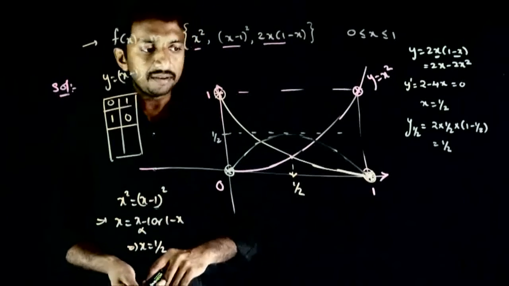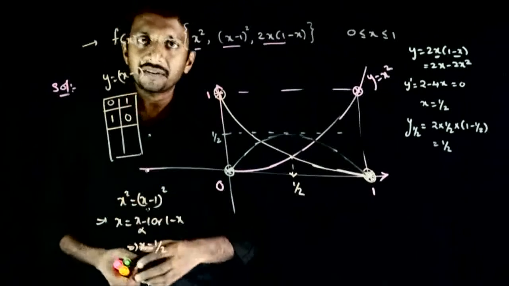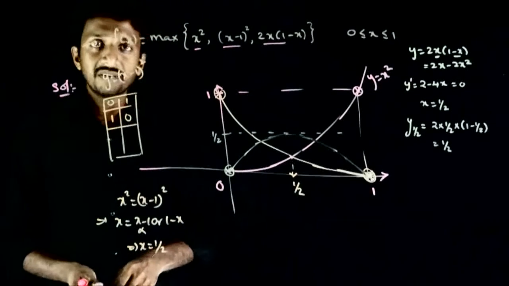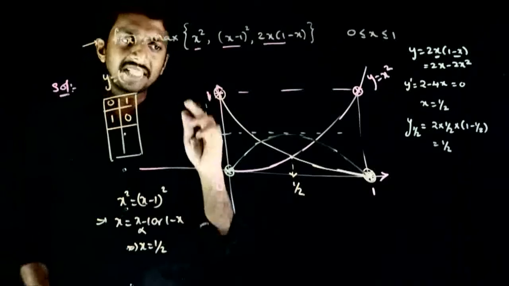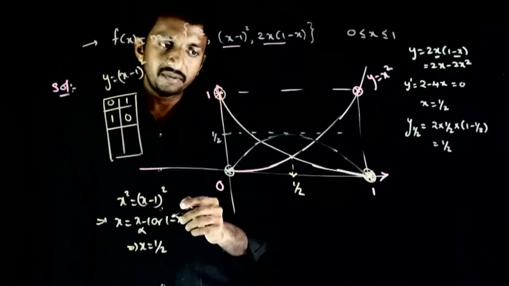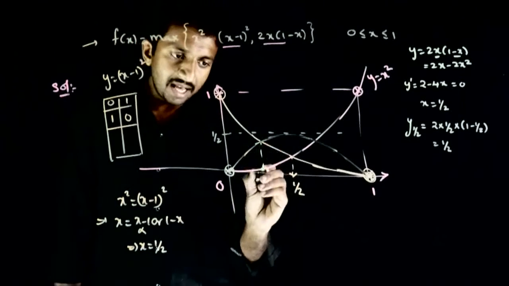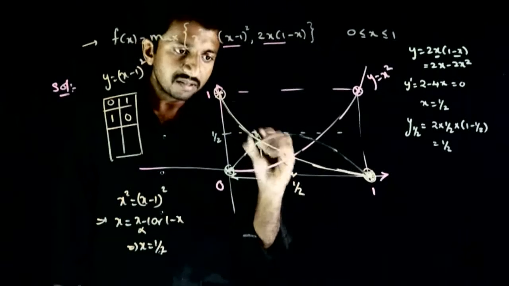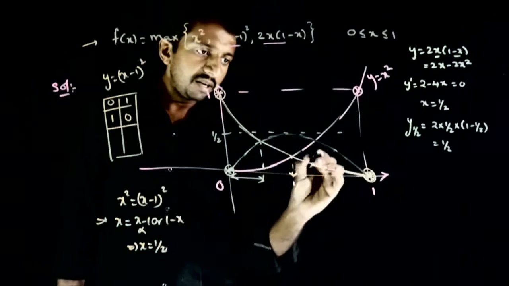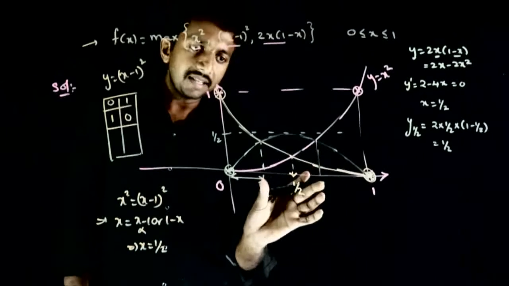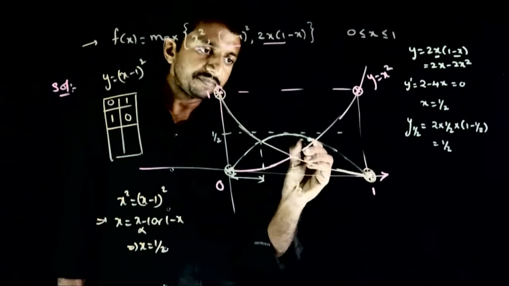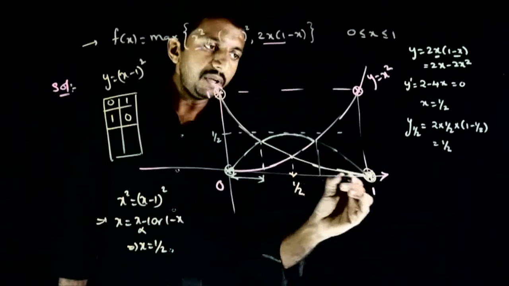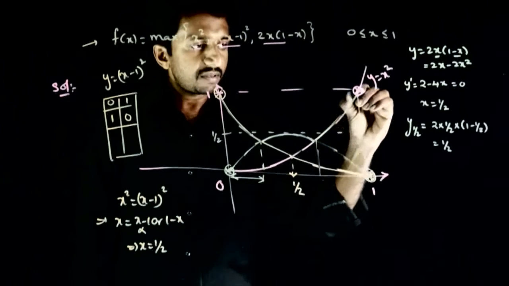ठीक है. Now, what is my effective function f(x)? My effective function f(x) is the maximum of these three functions. So आप देख सकते हैं यहां से यहां तक in this interval my orange curve works, and from here to here, ये वाला कर्व काम करे, and from here to here this curve works.